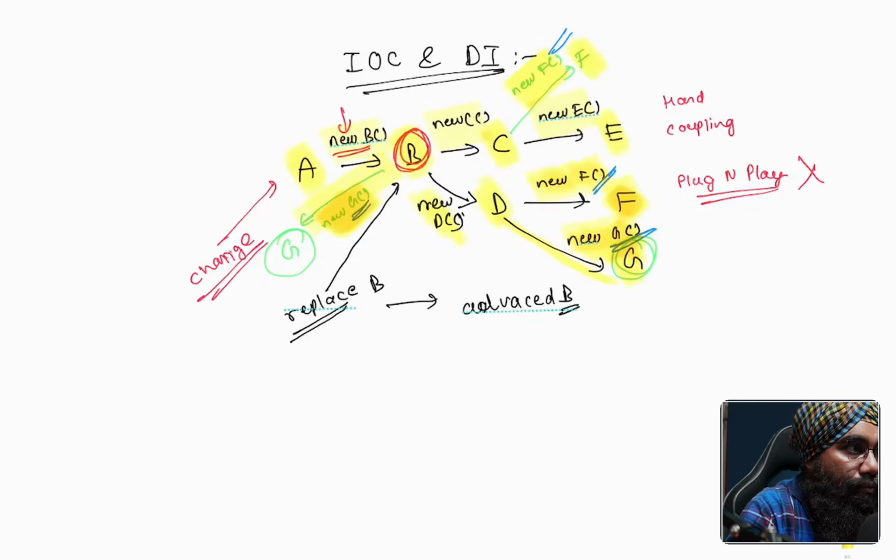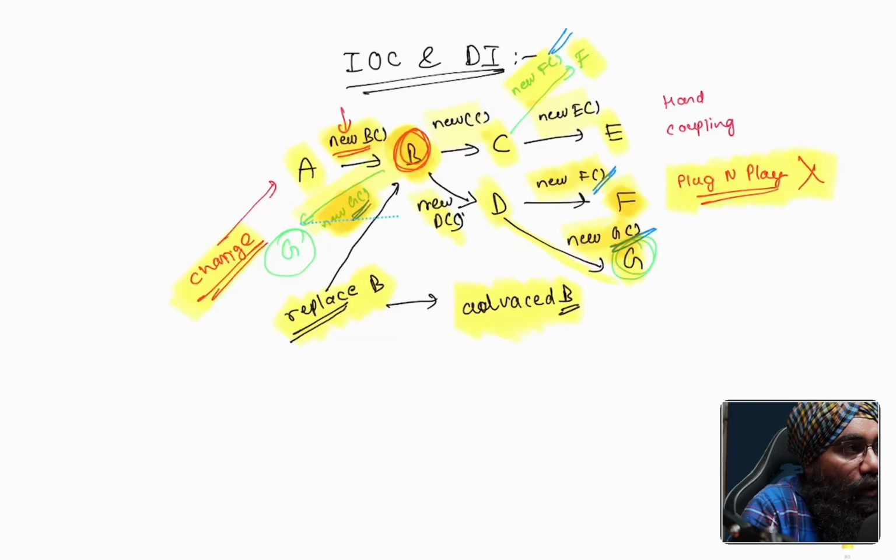One more problem: suppose I have implemented an advanced version of B and I want to replace this new B. If I want to replace B, I have to change A also, because A is creating the object of B. So there is no feature here to plug and play components.